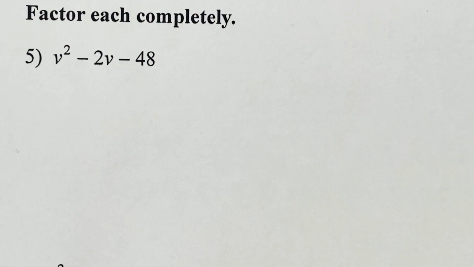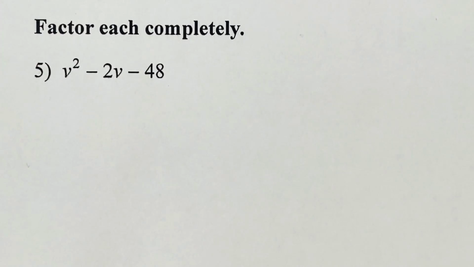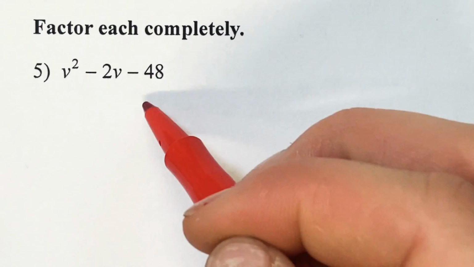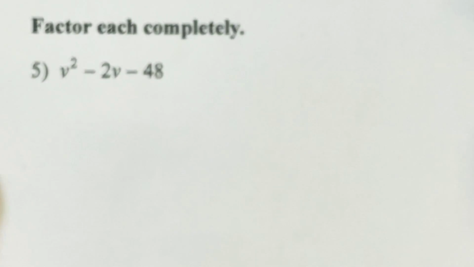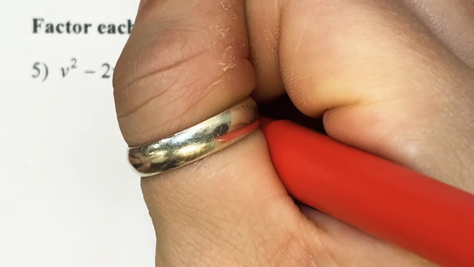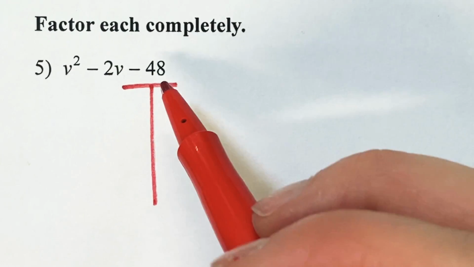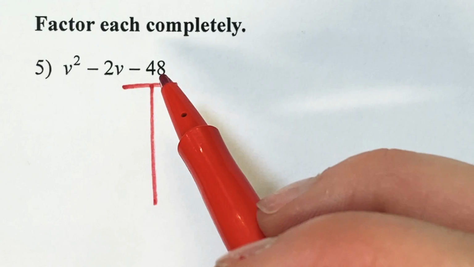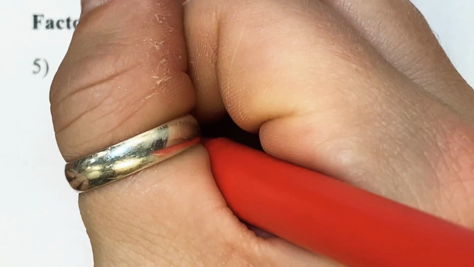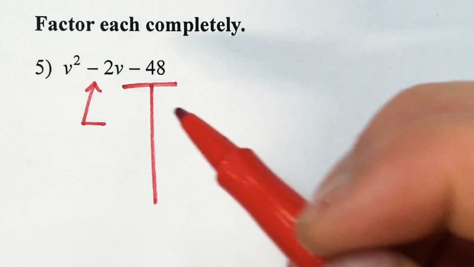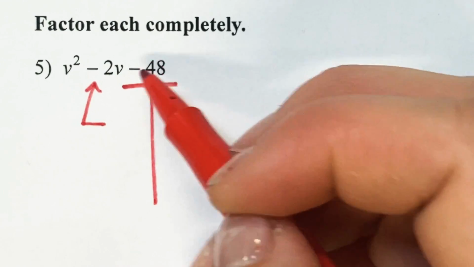Okay, so when we're factoring quadratics, we need to look at the last number first. I know that sounds weird. Look at the last number in your expression. Okay, and we need to come up with factors, so numbers that multiply to -48 but add to -2. Okay, notice this is negative.